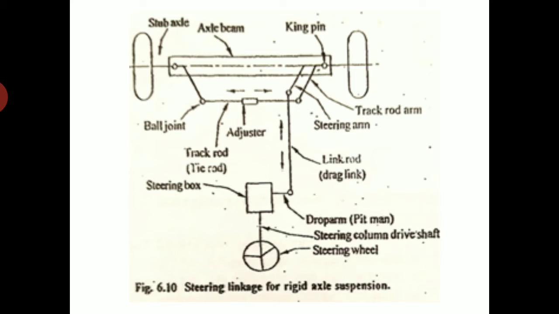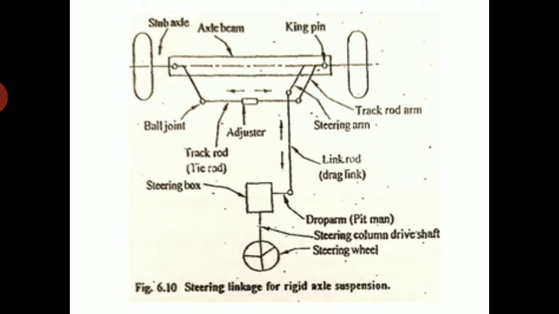So there are two types of suspension: the rigid axle suspension, and the independent suspension system. You can see the parts: steering wheel, steering column or drive shaft, steering gear, diaphragm, all these things were discussed in earlier classes.